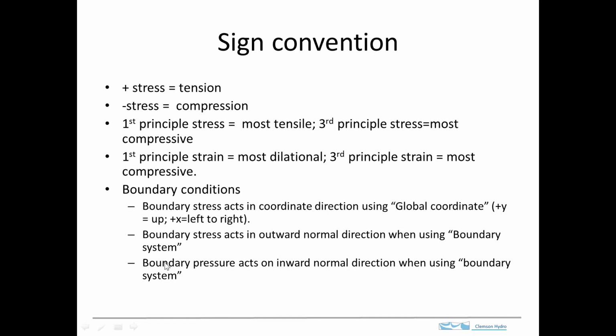And if we specify it as pressure, so this would be a positive normal stress, and that's something that can be selected in the boundary as a boundary condition, then it's acting inward from the boundary.